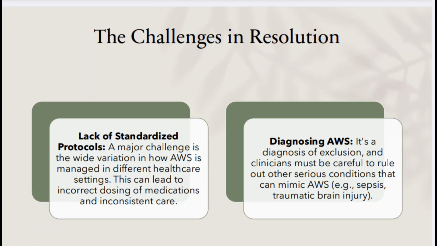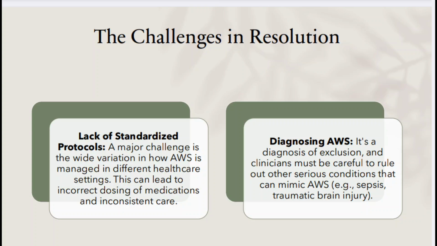The challenges in resolution: lack of standardized protocols. A major challenge is a wide variation in how alcohol withdrawal syndrome is managed in different healthcare settings, and this can lead to incorrect dosing of medications and inconsistent care. So, because of the lack of standardized protocols, there is difficulty in curing the syndrome.